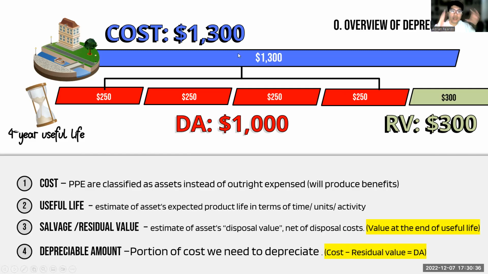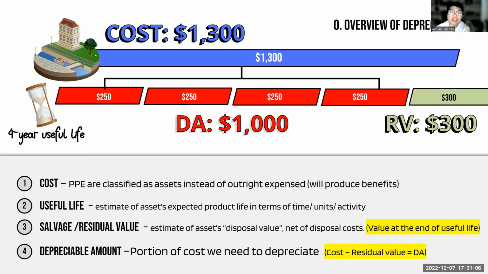So itong 1.3 na asset ko, eventually through the depreciation method, a portion of it, called the depreciable amount, is allocated across different periods. So 250 per year. And then yung 300 na pwede ko pang bawiin is what we call the residual value or your salvage value. So please understand these 4 terms. So yung cost is your value of your PPE.